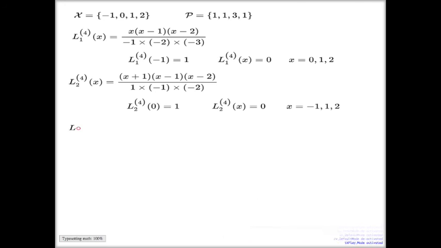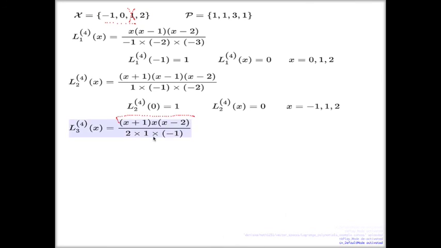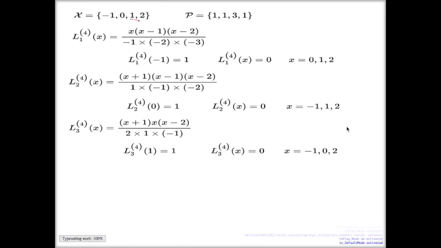Two polynomials to go. This is the third polynomial. I use these points except the third point now for the linear factorization here. And then I use the third point in the factorization to make up the denominator. This polynomial makes 1 at point 1, and it makes 0 in the other points, -1, 0, 2.